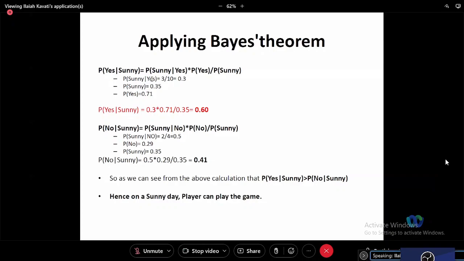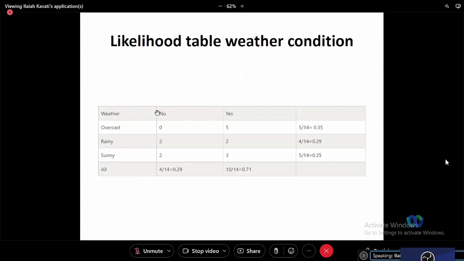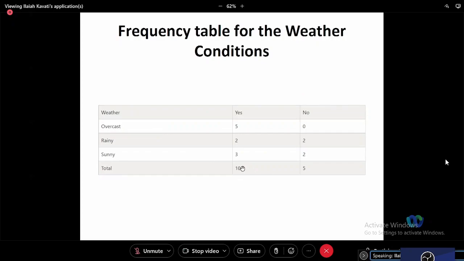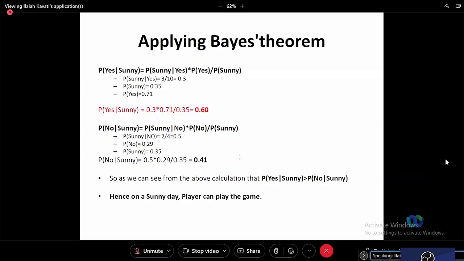So play was there out of 14, there is 10 times. 10 times play was there, right? 10 times play was there. Out of that, 3 days sunny, right? Sorry, 3 days sunny. So that is 0.3, and probability of sunny is out of 14 days.